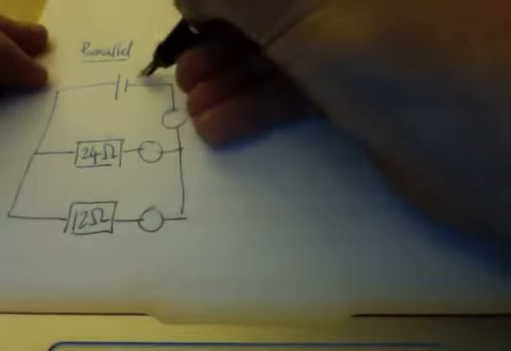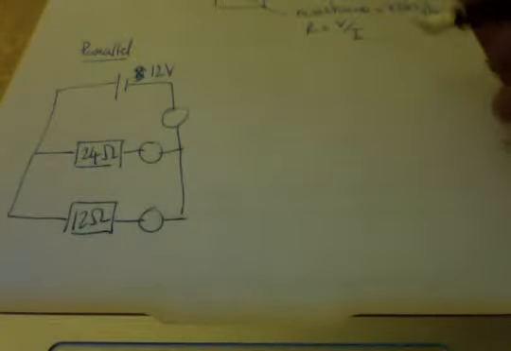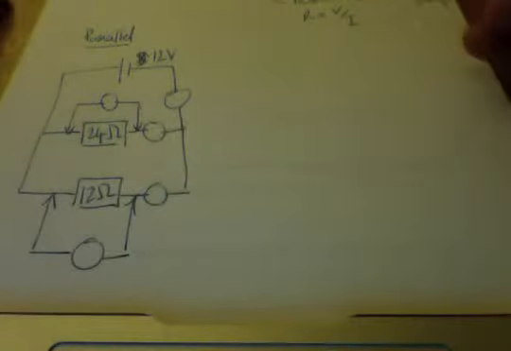I'm going to use the 24 ohms again, and this time I'm going to use 12 ohms. A 12 volt supply like we do above. So can you tell me what the potential difference will be and what the current is going to be? And I'm going to go through the solution right now.